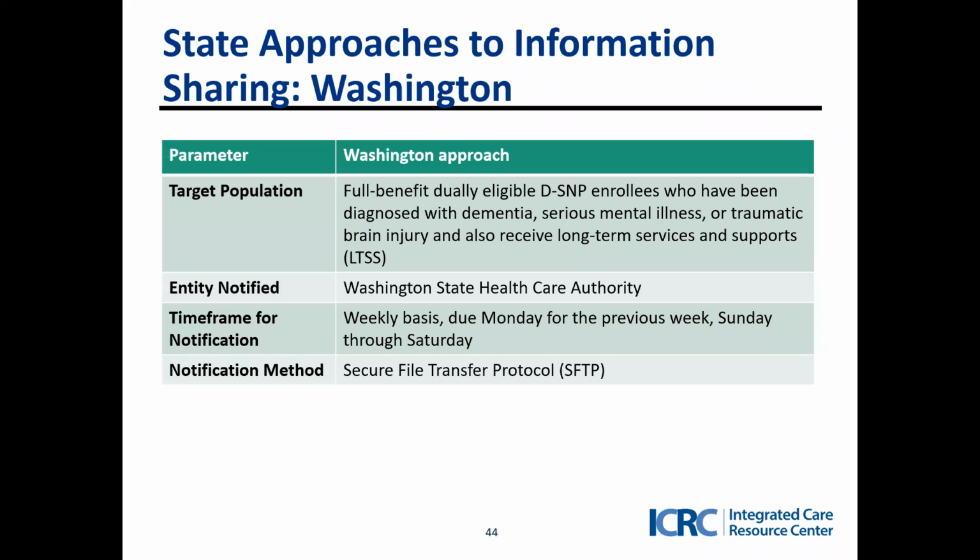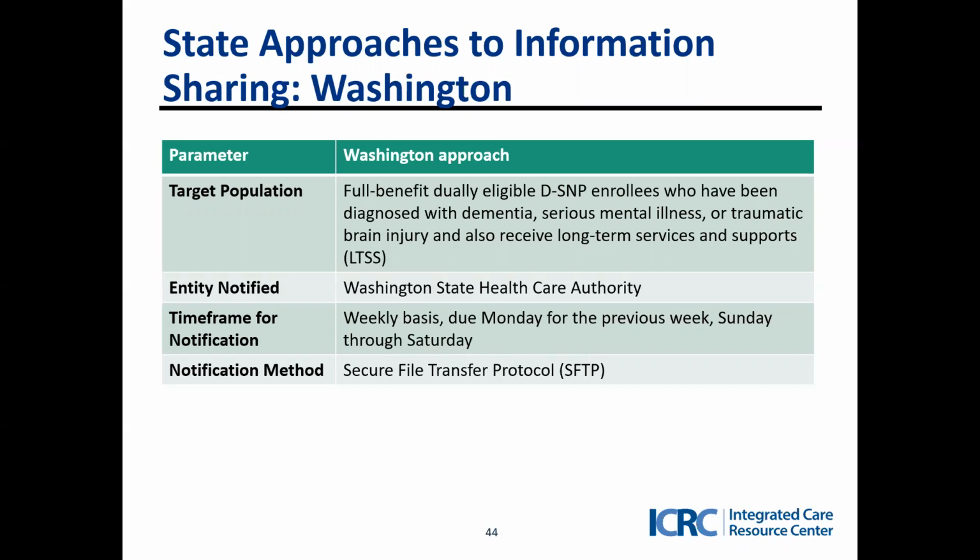Washington, however, defines their high-risk, full-benefit dual eligible population in a different way. Washington's target population, as defined by their D-SNP contract, is a full-benefit dual eligible D-SNP enrollee who has been diagnosed with dementia, serious mental illness, or traumatic brain injury, and also receives long-term services and support.